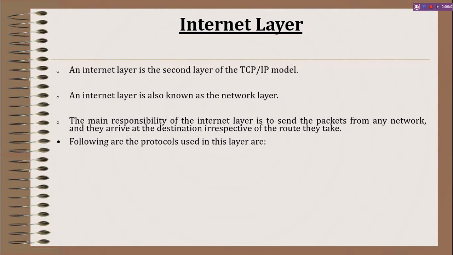Then the internet layer. The internet layer is the second layer of the TCP/IP model. It is also known as the network layer. The main responsibility of the internet layer is to send the packet from any network so that it arrives at the destination irrespective of the route it takes.